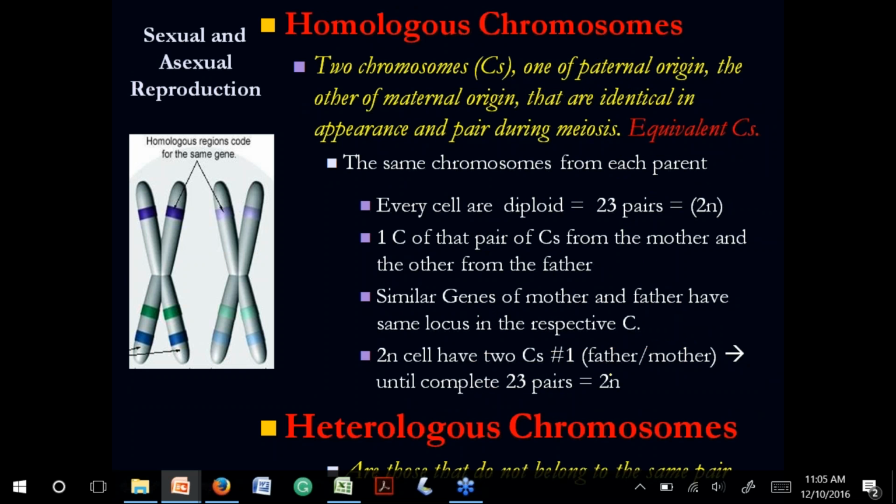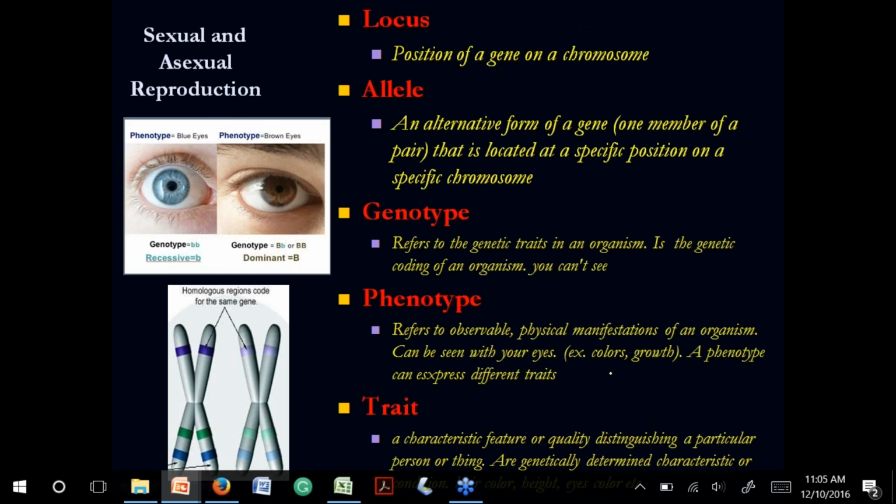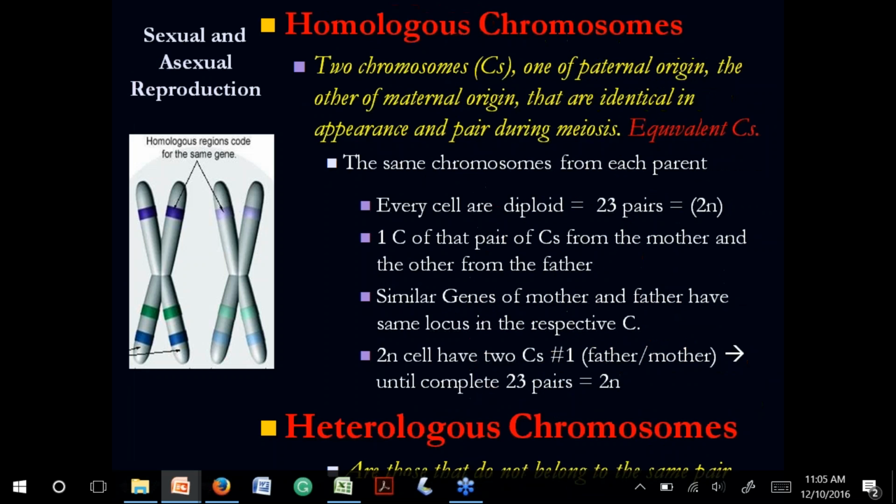All right, so let's go over the homologous chromosomes, and we already know, for example, this is the father and this is the mother. If you compare chromosome 1 with chromosome 1 of the mother, those are homologous, okay?